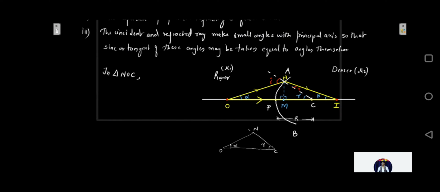And if you extend, this angle is my angle of incidence, that is I. So in this triangle, angle I becomes the exterior angle. If we apply the exterior angle property over here, the exterior angle I is the sum of the two angles leaving the angle which is next to the exterior angle. So that is going to be alpha plus gamma. Since I is the exterior angle, I can say I is equal to alpha plus gamma.